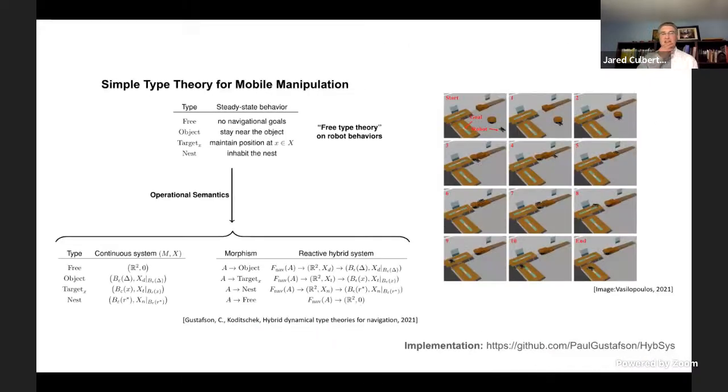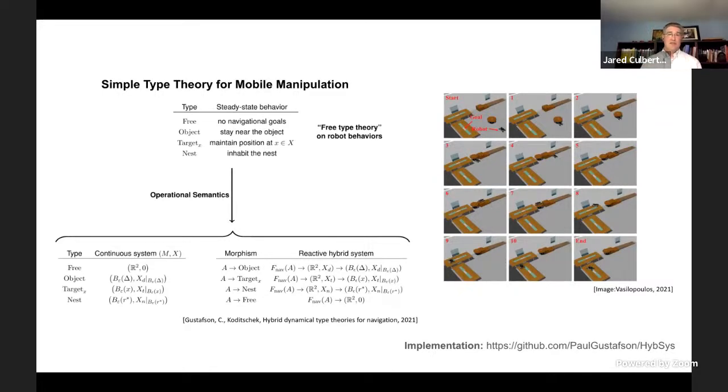And this is really a lot of Paul Gustafson's work since then. After Paul worked as a postdoc for me, he went to work as a postdoc for Dan Koditschek at Penn, and kept working on how we could translate this work into a type theory. Here's a very simple type theory for mobile manipulation that has operational semantics in this hybrid systems category.